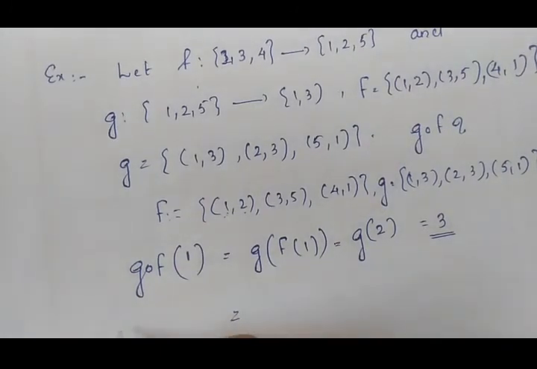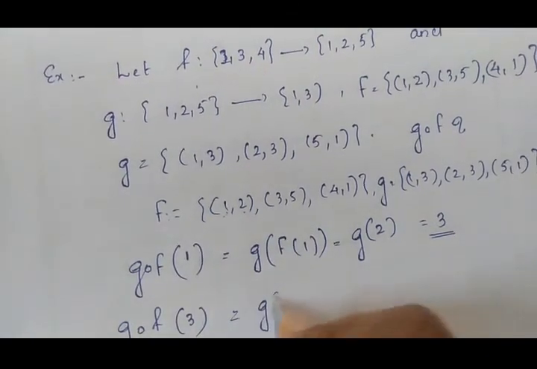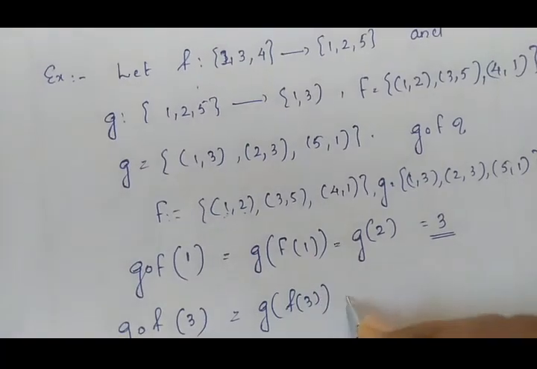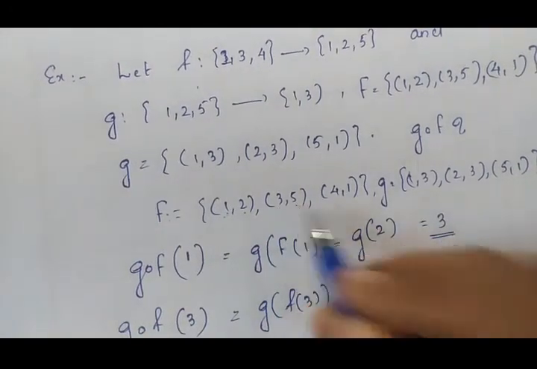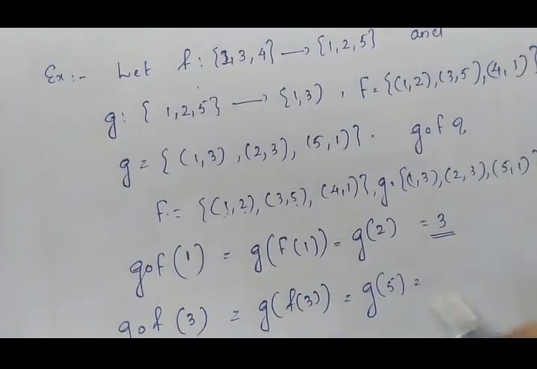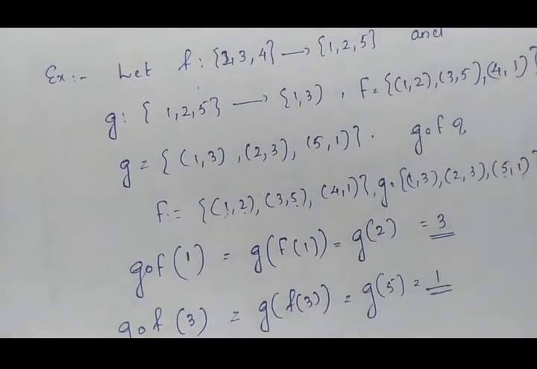Another one, (g∘f)(3) is g(f(3)), and f(3) is equal to 5, so g(5) is equal to 1.